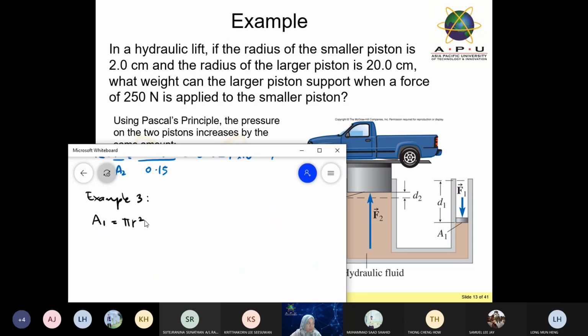Pi r to the power of 2. R equal to 2 cm, 2 times 10 to the power of negative 2 meter. So pi, substitute this, the R already converted to meter.